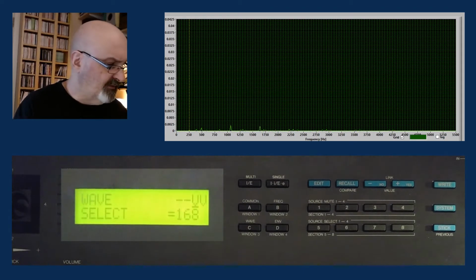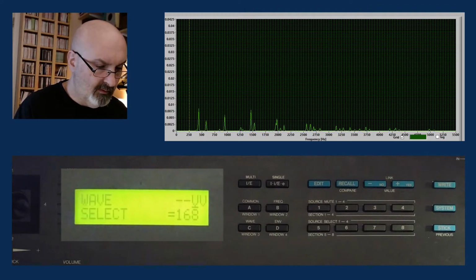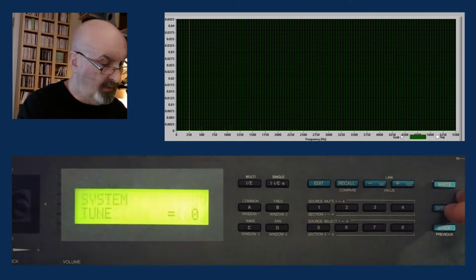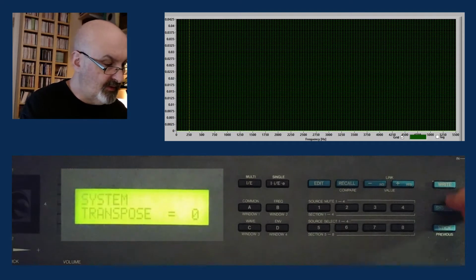Those lower sounds are really quite good, aren't they? Just change the transpose.